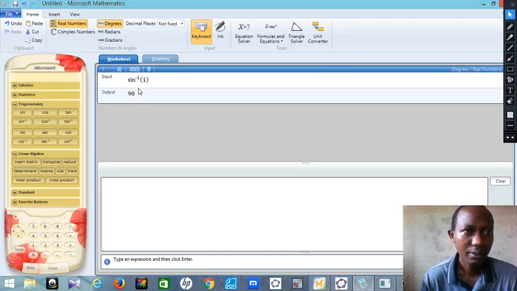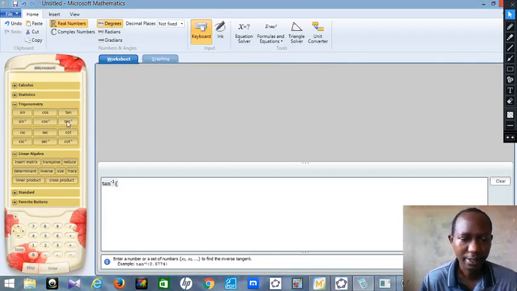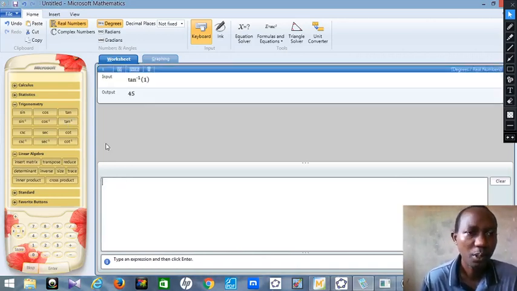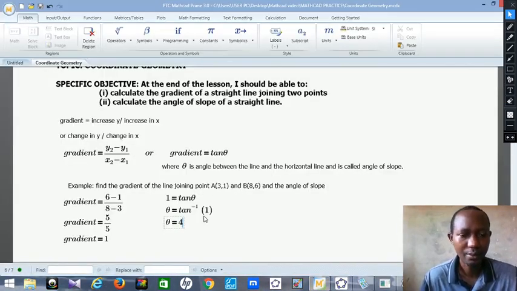Tan inverse of 1 is giving us 90 here. Okay, I'm using sine, sorry. It's tan, not sine. So tan inverse of 1, you press equals, you see it's 45. So the angle here is 45 degrees.